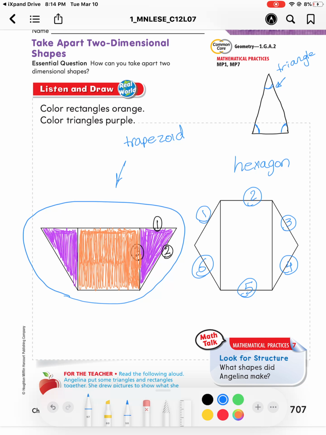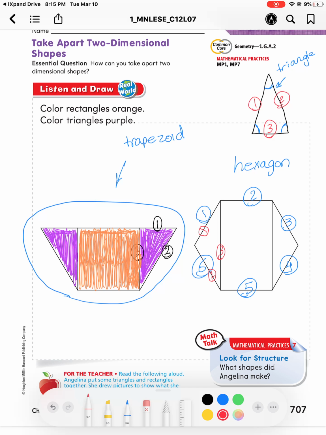Okay, now we need to know which shapes are triangles and which shape is a rectangle. Now again, we have said that a triangle should have how many sides? 1, 2, 3. So here we have a shape with 3 sides. 1, 2, 3.